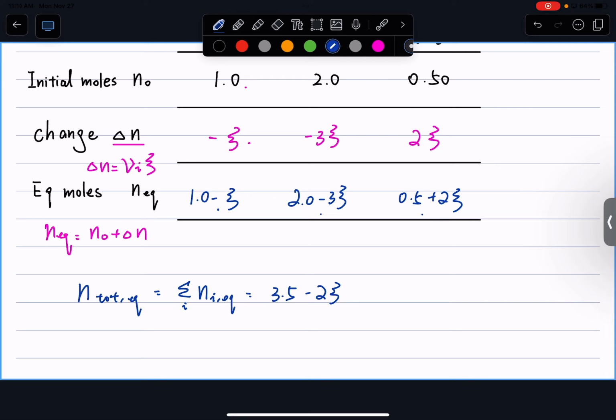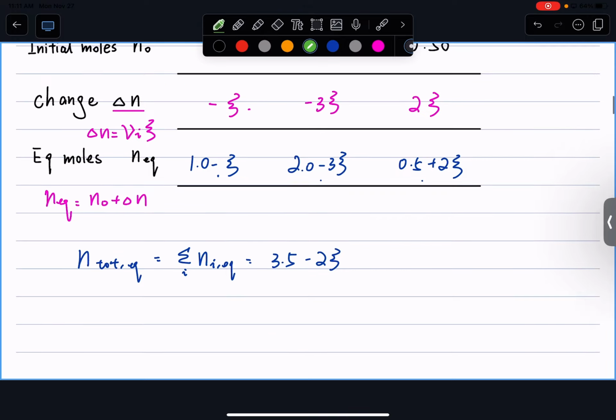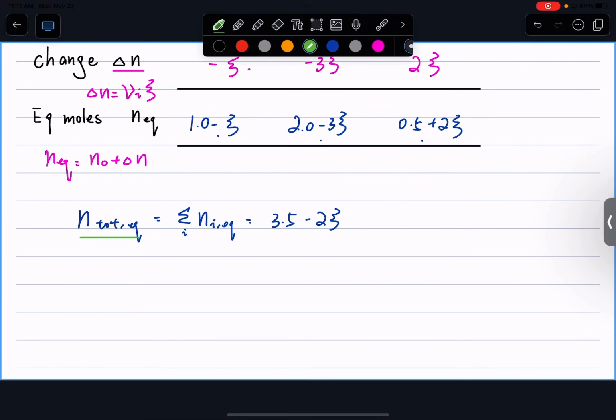With this in hand, there are lots of things you can calculate. Now we know the total number of moles, and we know the number of moles of each species. So obviously we can calculate our partial pressure, which equals our mole fraction times the total pressure.